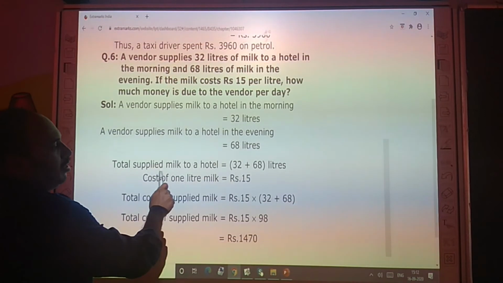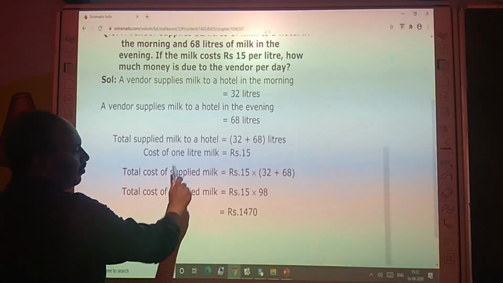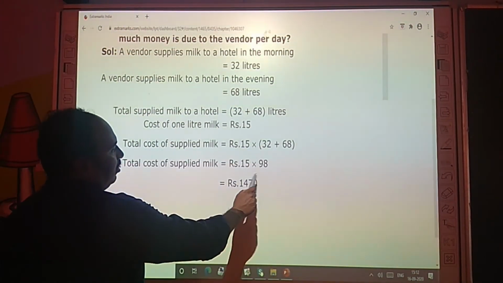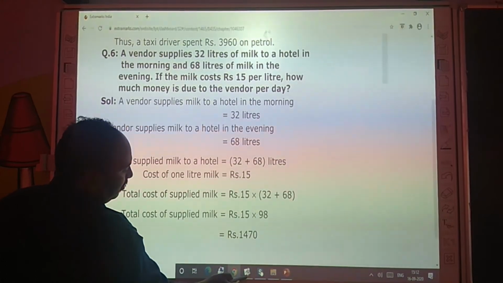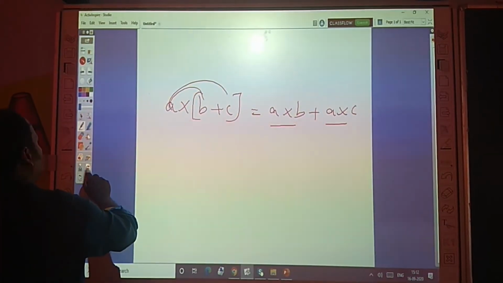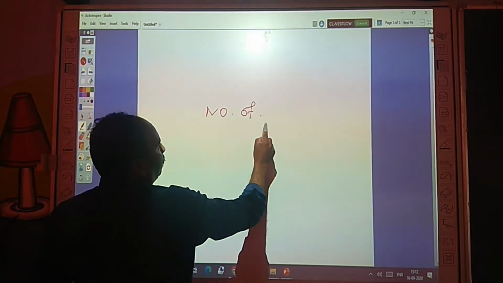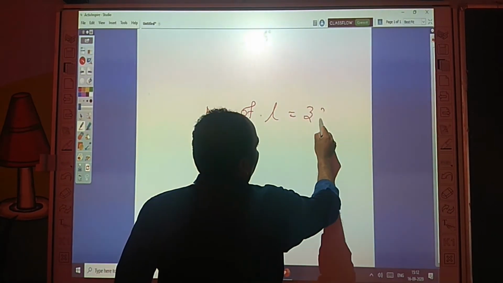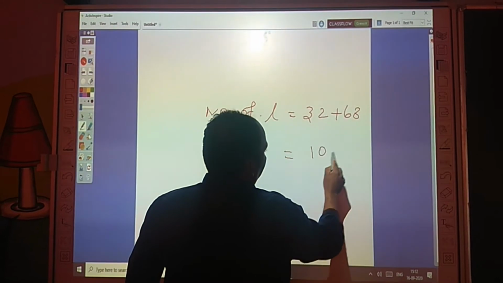The total number of liters is 32 plus 68, which is equal to 100.